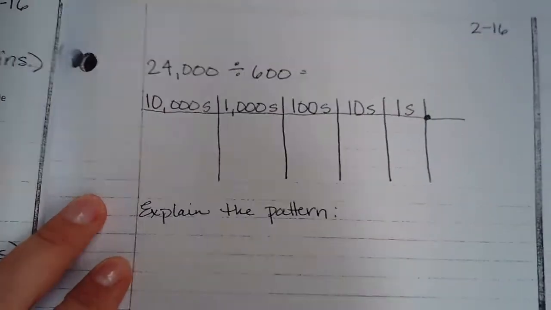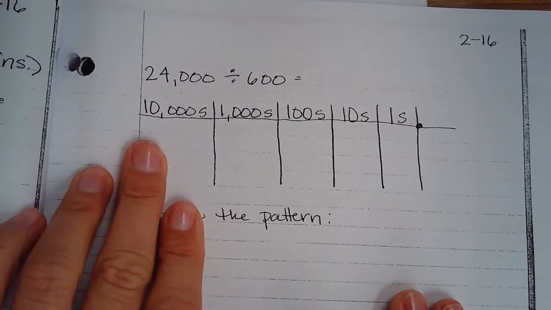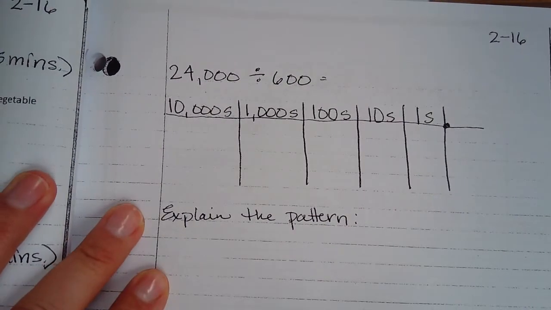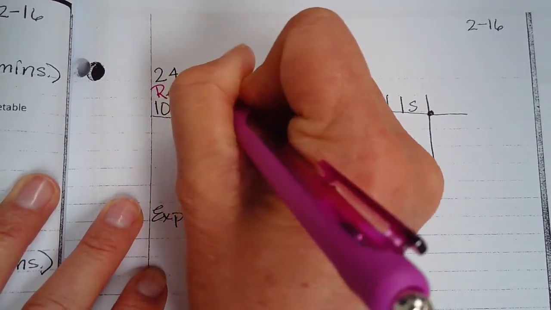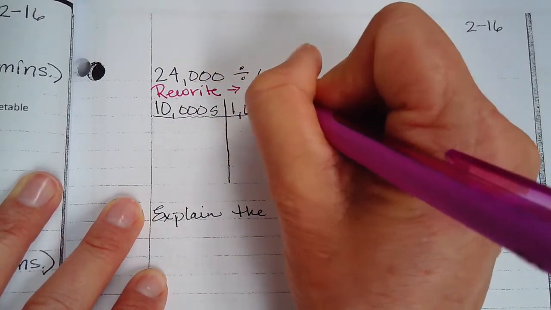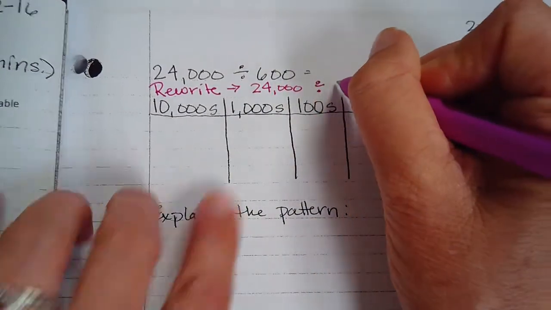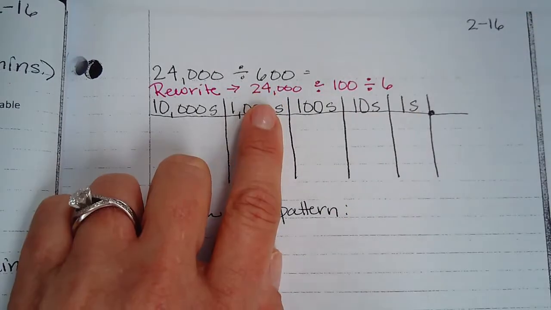Now we have 24,000 divided by 600. So we're going to rewrite this as 24,000 divided by 100 divided by 6, right?